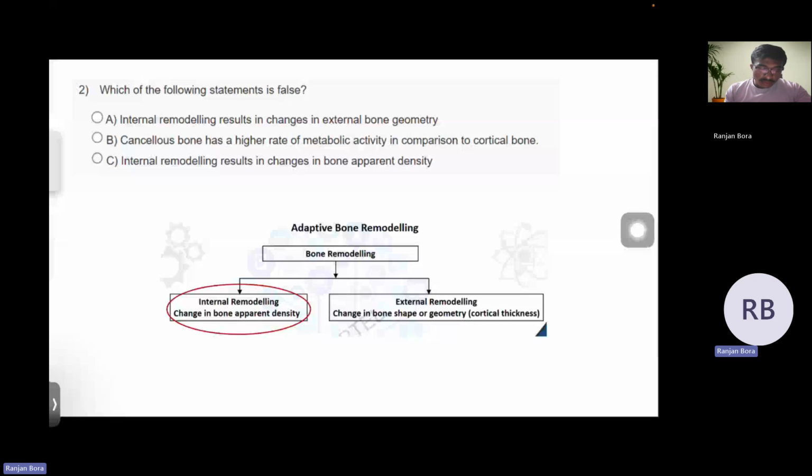There are two types: one is internal remodeling, in which there is change in bone apparent density, and one is external remodeling, in which there is change in bone shape or geometry. Geometry means cortical thickness. From the options, the first option is internal remodeling results in changes in external bone geometry. This option is not correct because internal remodeling relates to change in the bone apparent density. So the first statement is false.